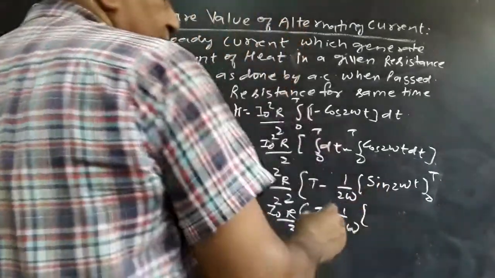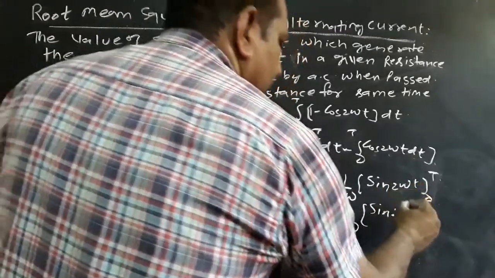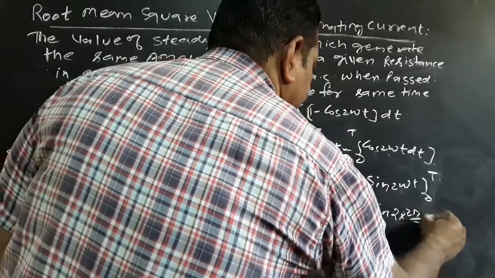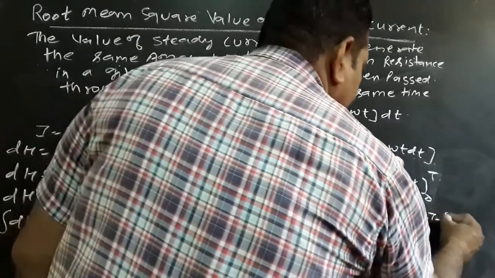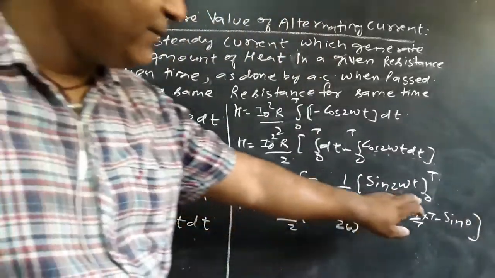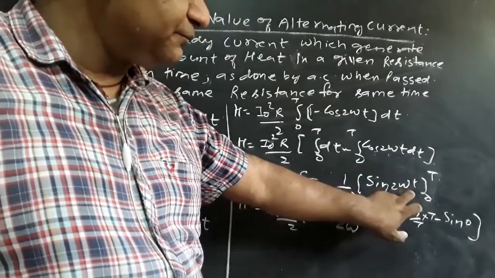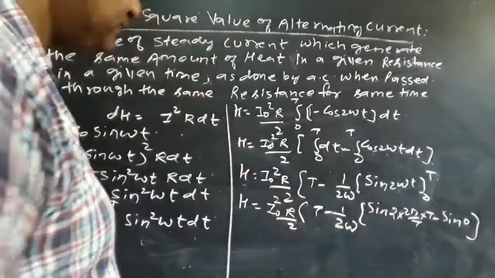This omega we can write as 2 pi upon T into T, minus it will be complete sin 0, because when we put 0 here, 2 omega into 0 it will be 0.